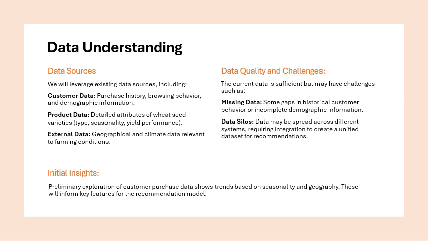Then external data, the data that is not generally available internally. So we outsource this data. This could be geographical and climate data relevant to farming conditions. We can go to different parties to get some of this data, like around field and all that. For example, we can use data from John Deere or other manufacturers of planting machinery.